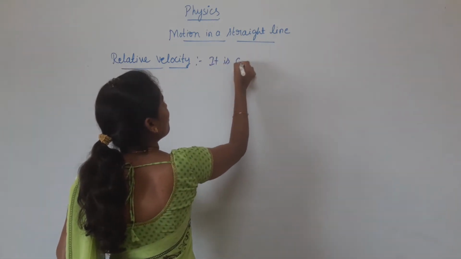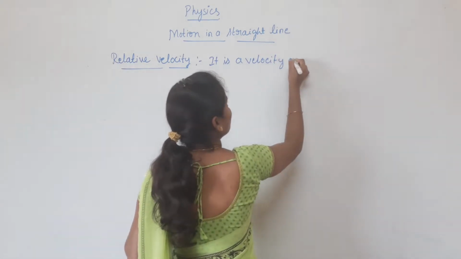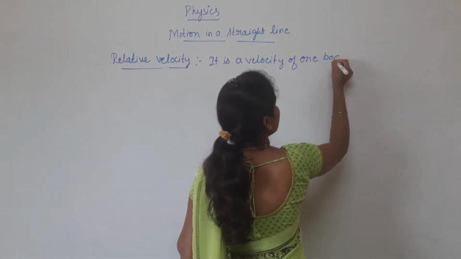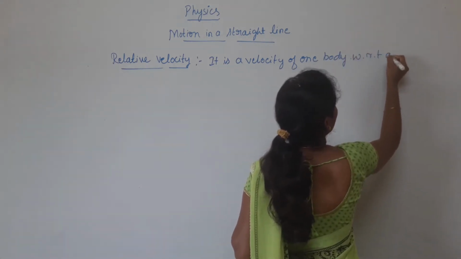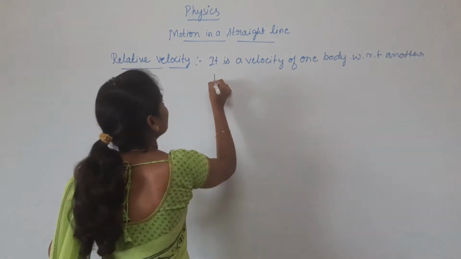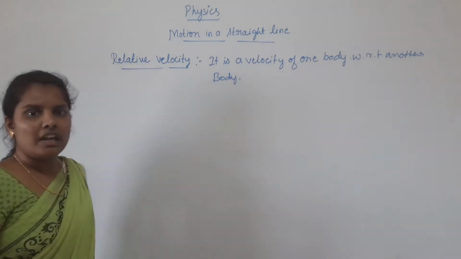It is the velocity of one body with respect to another body, and that is known as relative velocity.